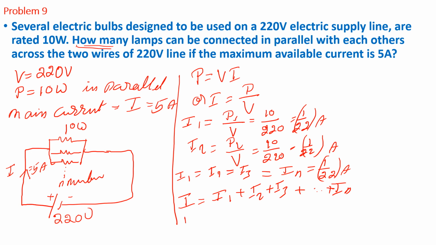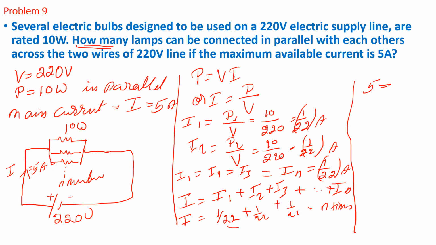So I is equal to 1 by 22 plus 1 by 22 plus 1 by 22, n times.